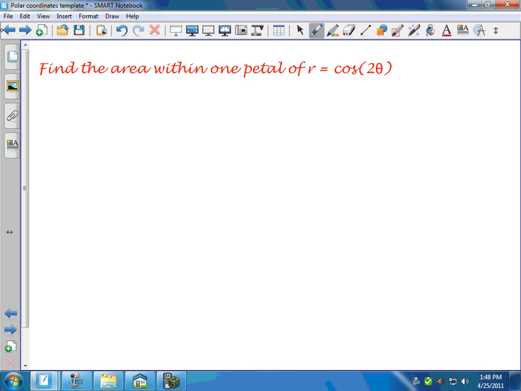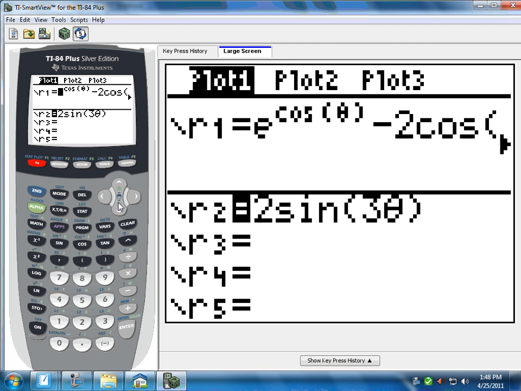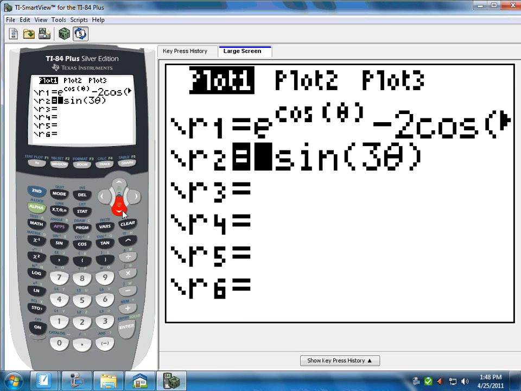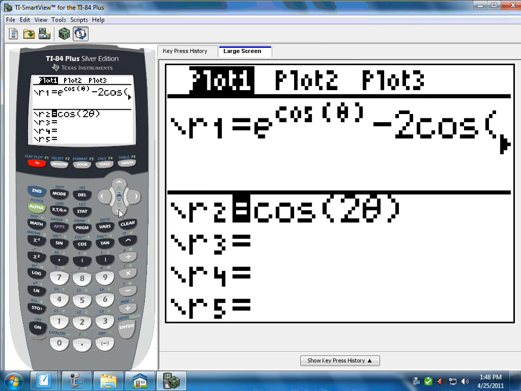r equals cosine of 2 theta. Again, it would be helpful to start by graphing this to see what we're looking at here. Cosine of 2 theta. Again, I was graphing it from 0 to pi earlier, so to finish it, I'm going to now graph it from 0 to 2 pi.